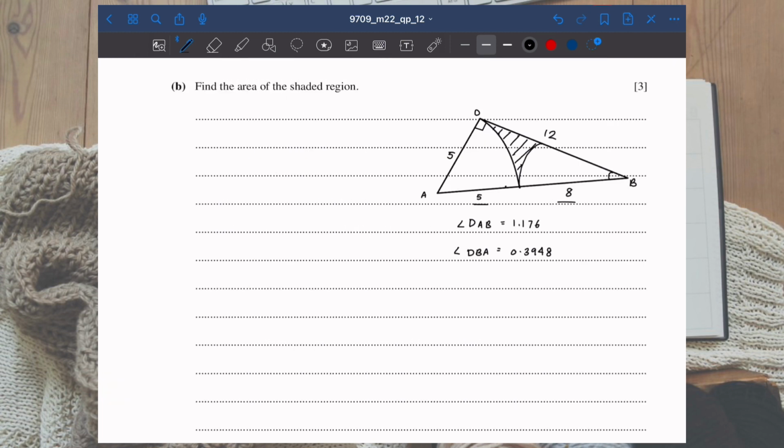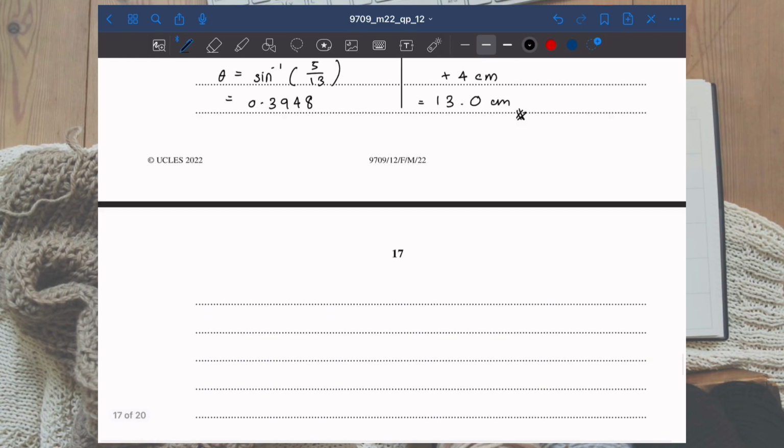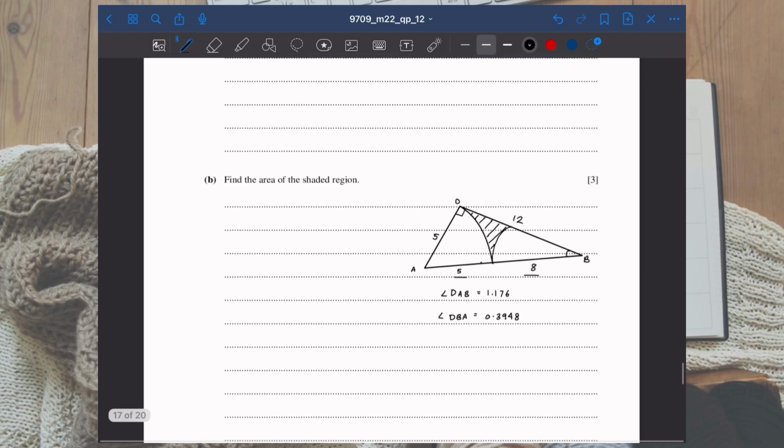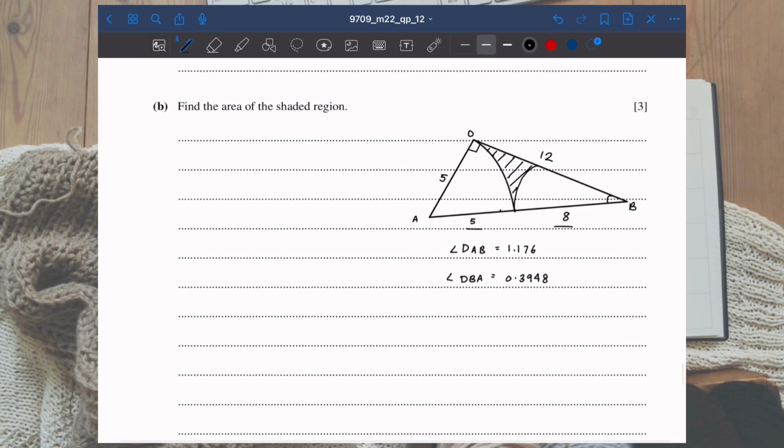Part B. Find the area of the shaded region. So earlier in our diagram, we had an outline of a triangle and 2 sectors. So when you sketch this out, it'll look like this.